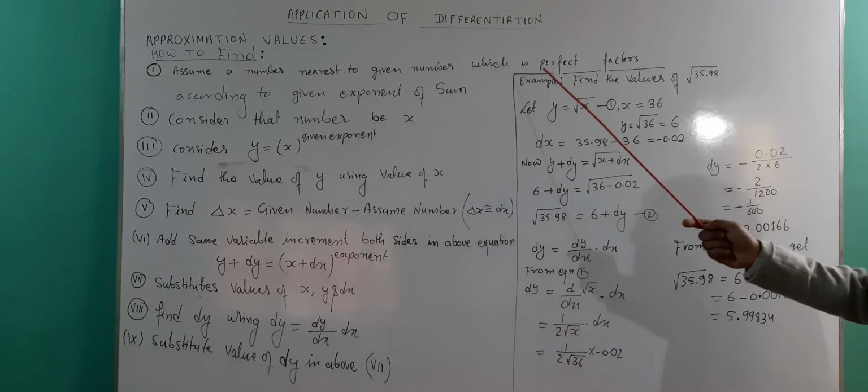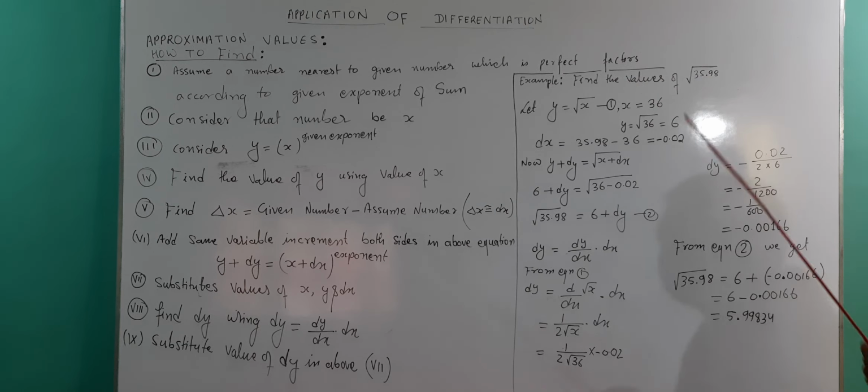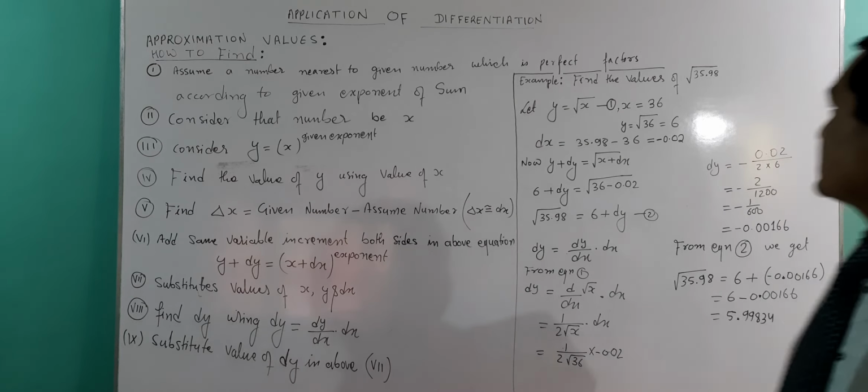Example: find the value of square root of 35.98. Square root means the exponent is power half.